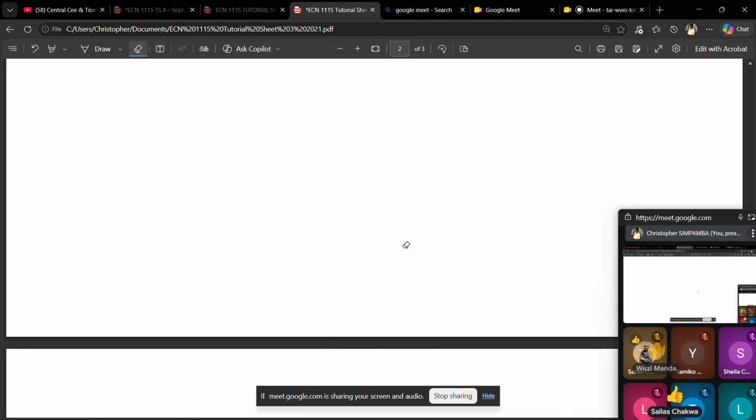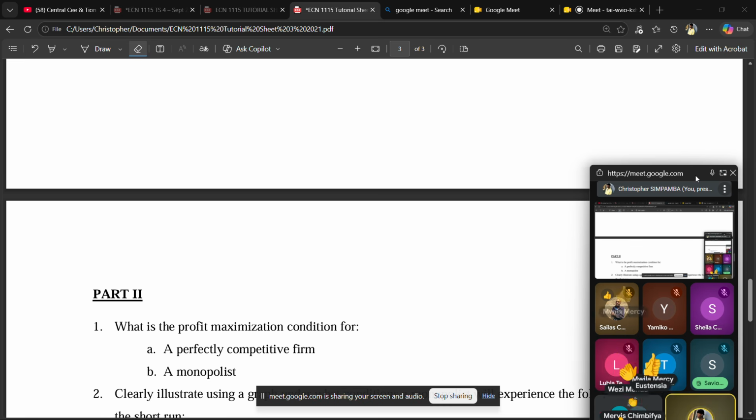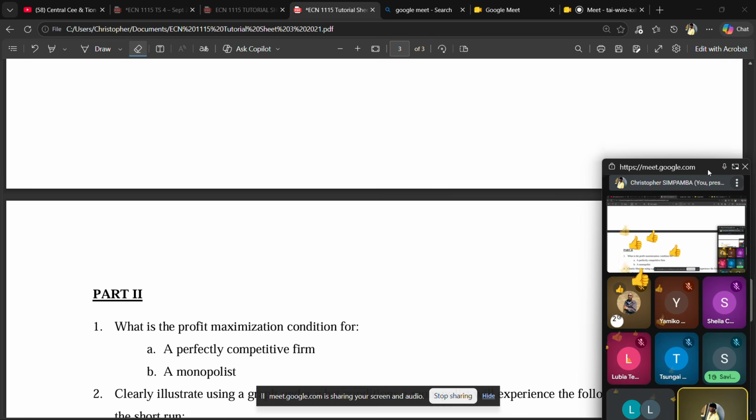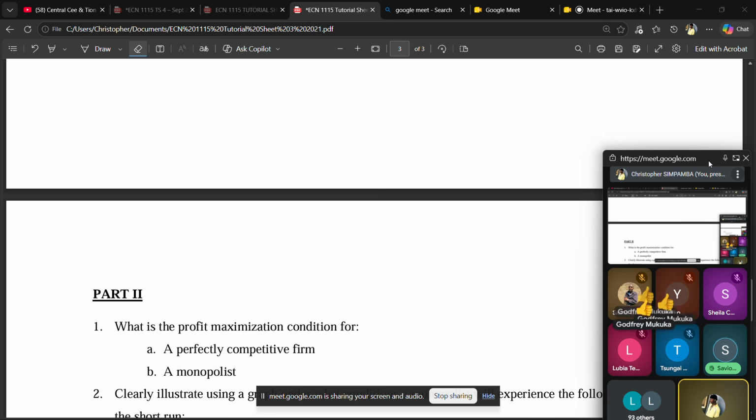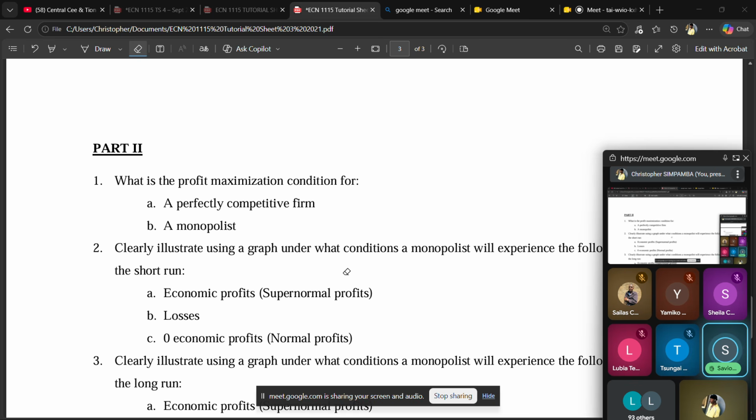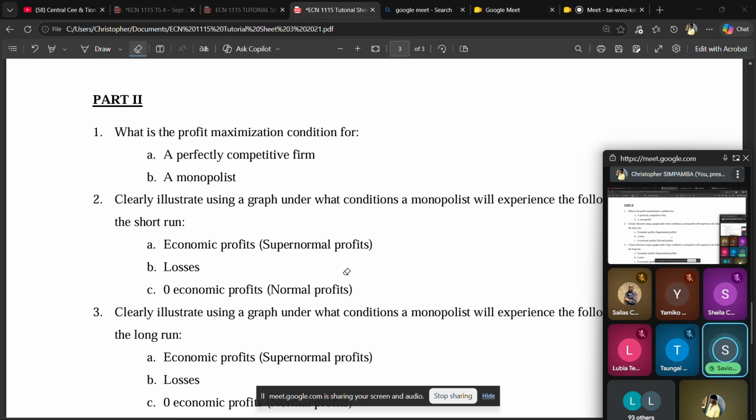Okay, I think we can move on. Then yes, Xavier. So on the condition, do they want numbers or just the letters? Just the condition. No numbers, nothing, just the condition. Okay.